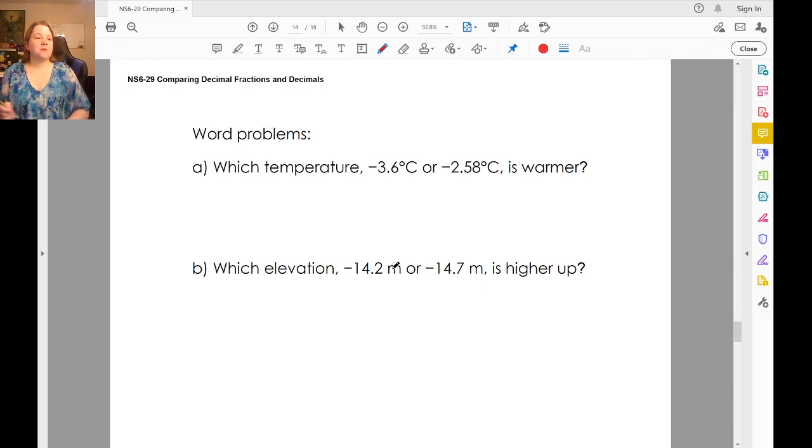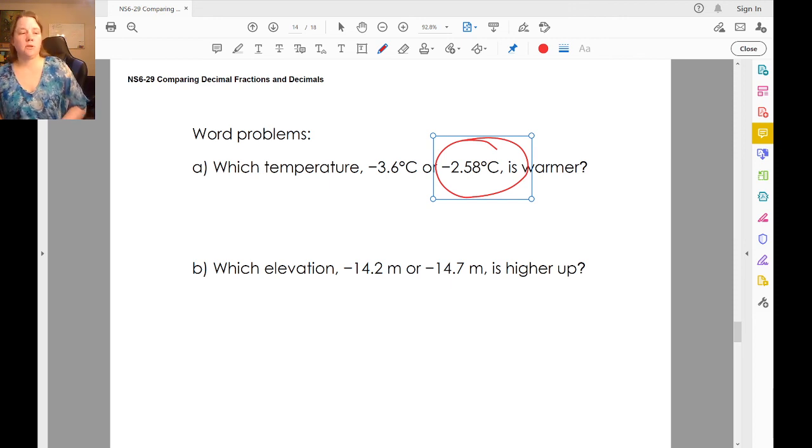So they want to know which temperature is warmer, negative 3.6 or negative 2.58 degrees Celsius. Well, negative 2.58 is closer to 0. So that's going to be what I go with to be just a little bit warmer in that very, very cold situation. Which elevation is higher up? In the negatives, elevation is typically like how tall is the mountain?